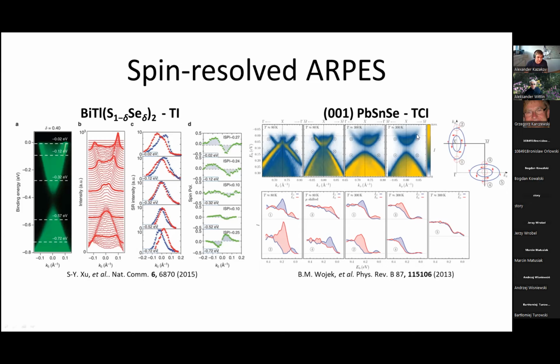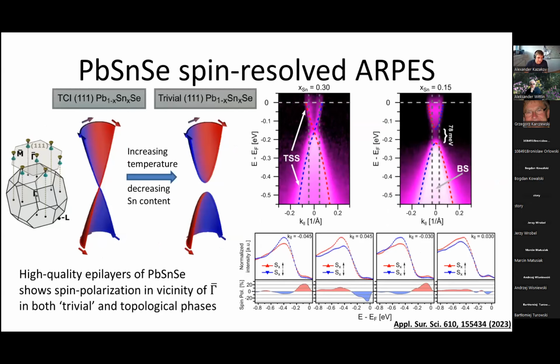So it was checked for lead selenide 001 surfaces, by the way, on the samples produced in the group of Professor Story. So we tried to see whether this is the case for the 111 surface in lead selenides. And we saw that the spin polarization is present in both topological and trivial phases, and the value of the spin polarization is quite similar in this case.